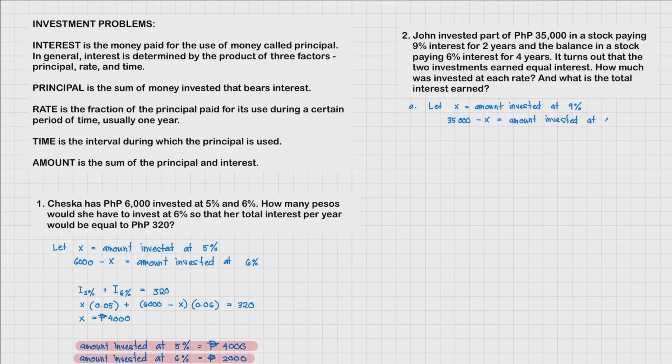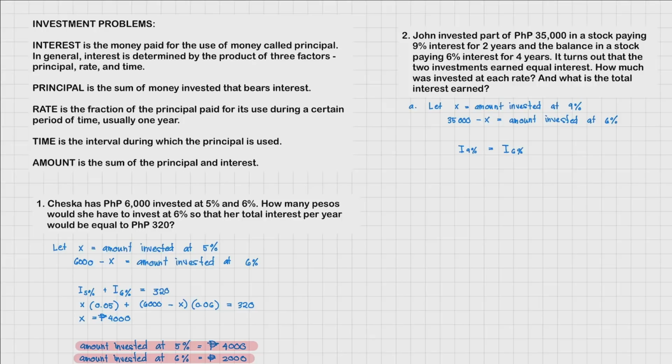Now, the interest earned at 9% is equal to the interest earned at 6%. So, we could write that down. We have here I at 9% equals I at 6%. Right?